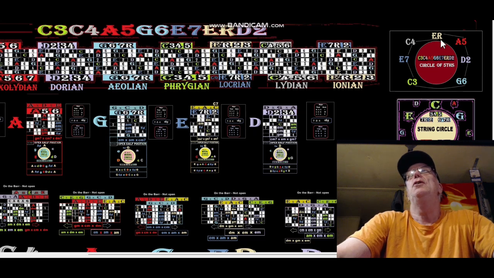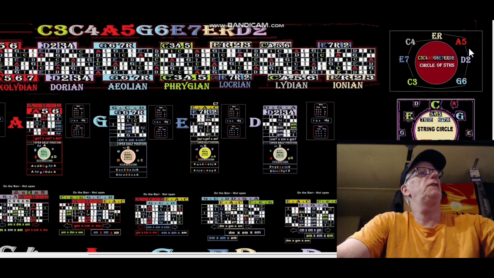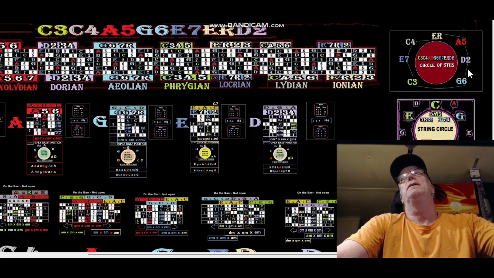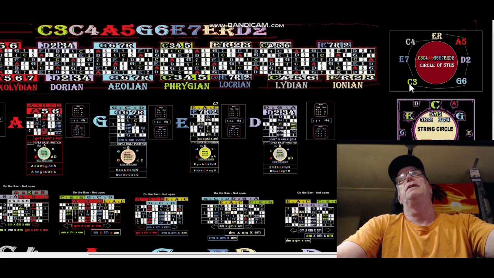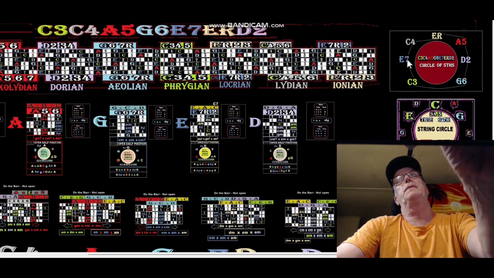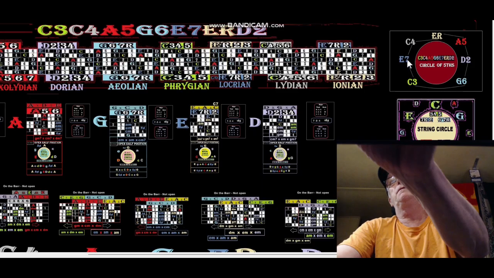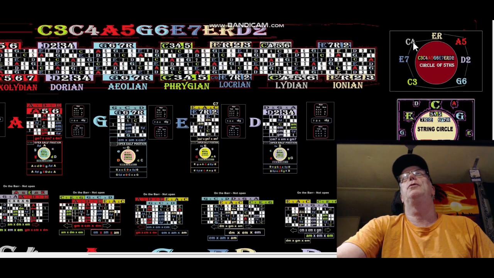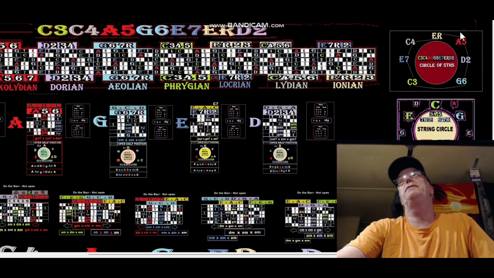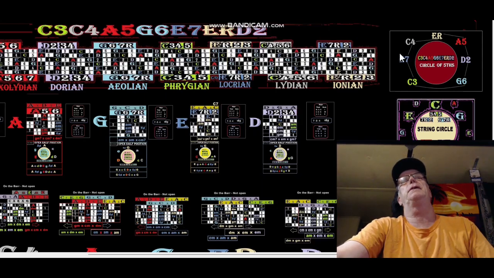Root to 5 is a fifth. 5 to 2, 2 to 6, these are all fifths. 6 to 3, 3 to 7, 7 to 4, and 4 to root again. So they're in fifths. There's an order to it.